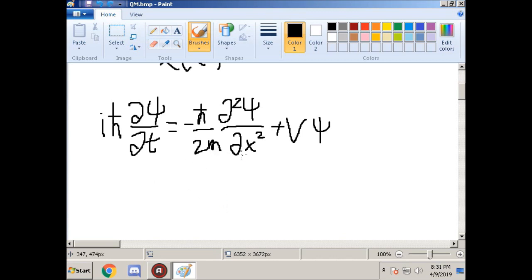Mass m here is just the mass, and these are obviously partial derivatives, and V is the potential function of the system. So this is Schrodinger's equation.